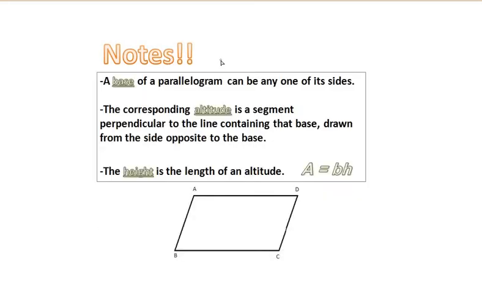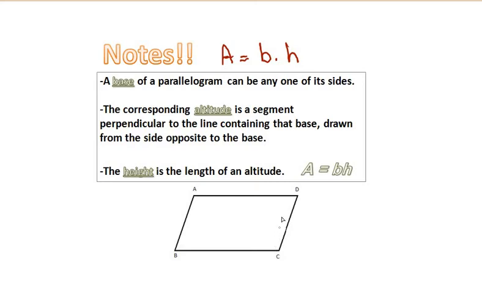We said that in order to calculate the area of a parallelogram, we need to find the product of the base and the height. For this parallelogram, for example, let's say that the base is BC. Actually, it can be any of the sides. It can be AB, AD, BC, or DC.